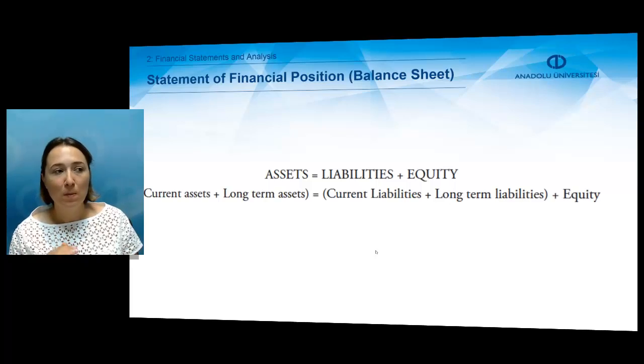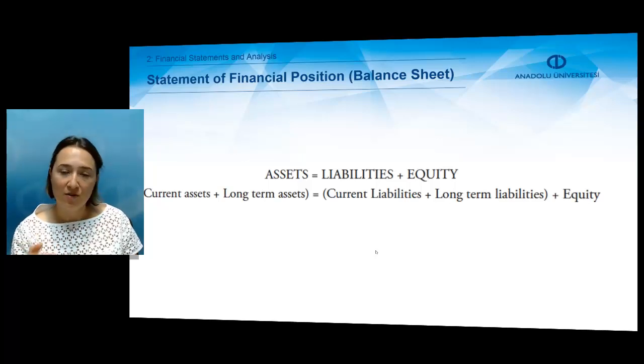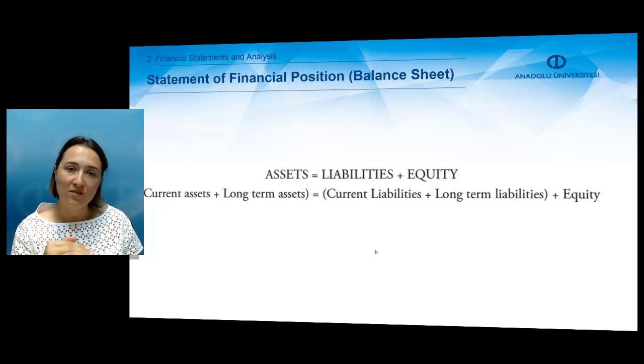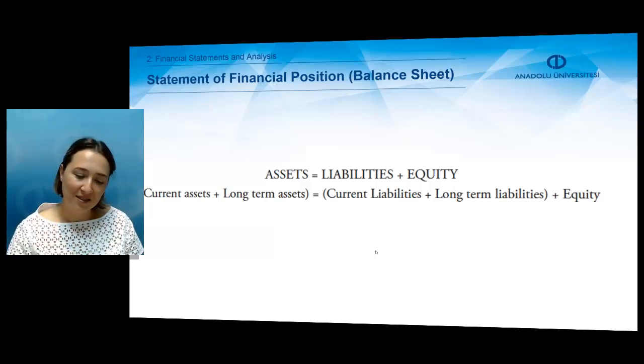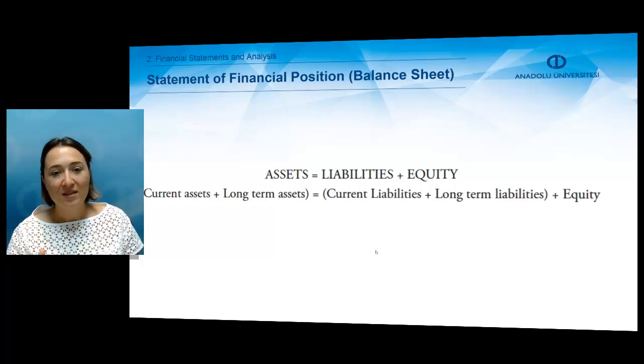So the most liquid asset of the company is cash items. The first thing in the balance sheet we can see is cash or cash equivalents, and then we will see the other liquid items to less liquid items.